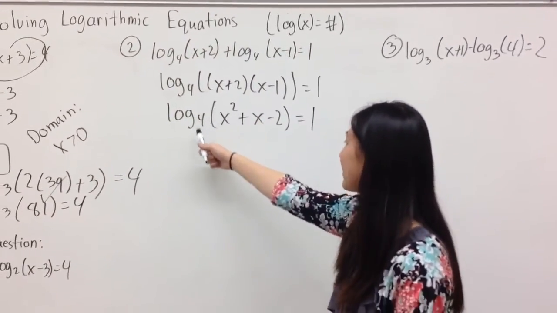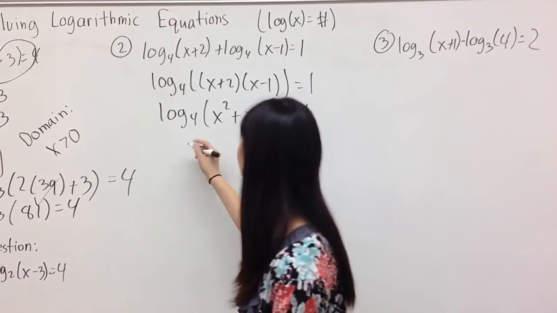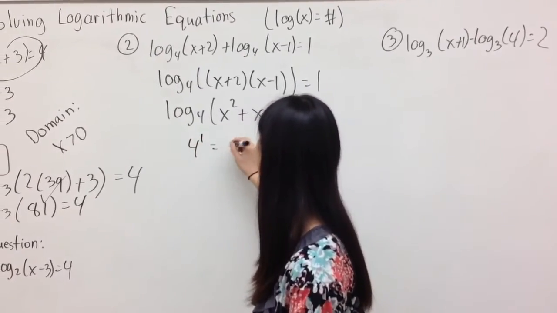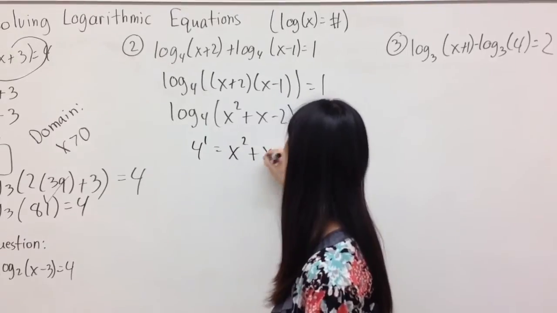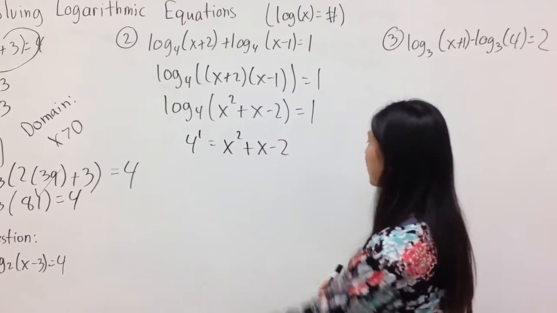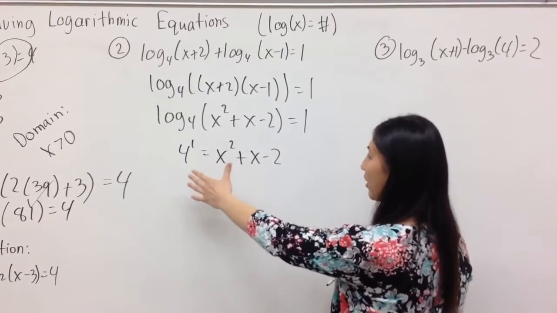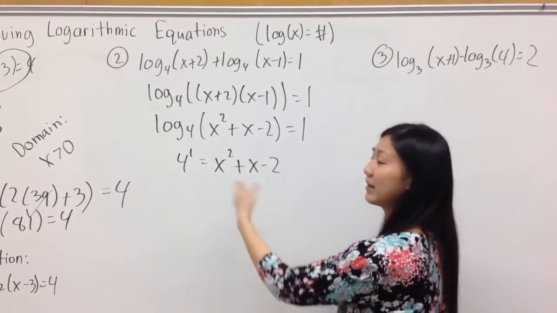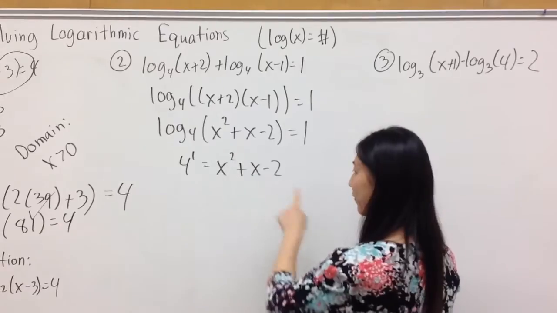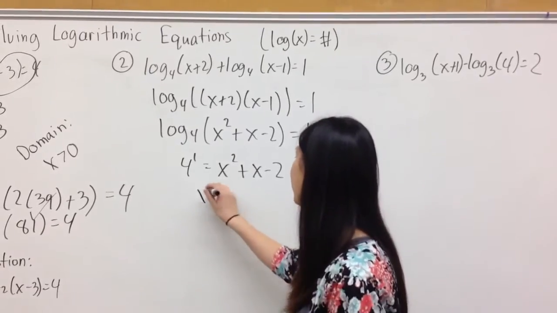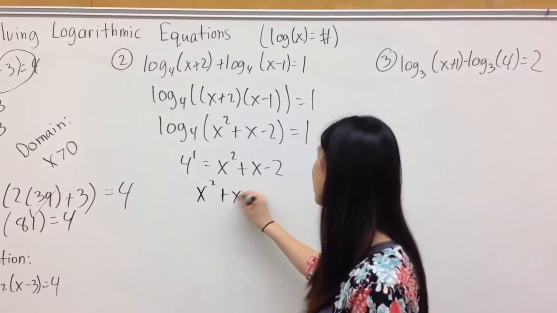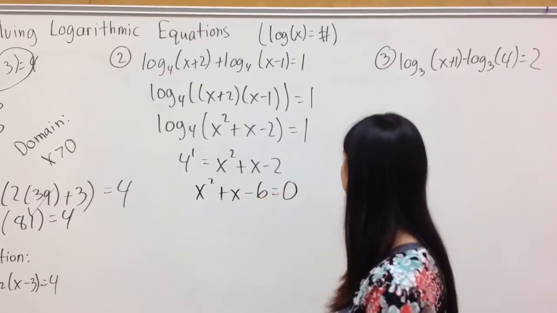So once again, we put this in exponential form. So it's 4 to the 1st power is equal to x squared plus x minus 2. Well, 4 to the 1st is just 4. So once again, we're solving this quadratic, so we need this to equal 0. So I'm going to subtract 4 from both sides. So I get x squared plus x minus 6 equals 0.